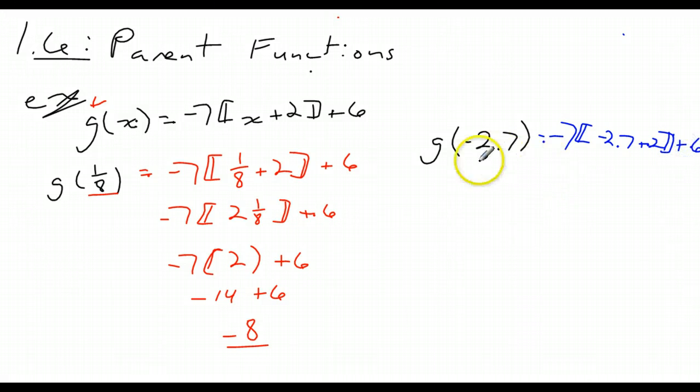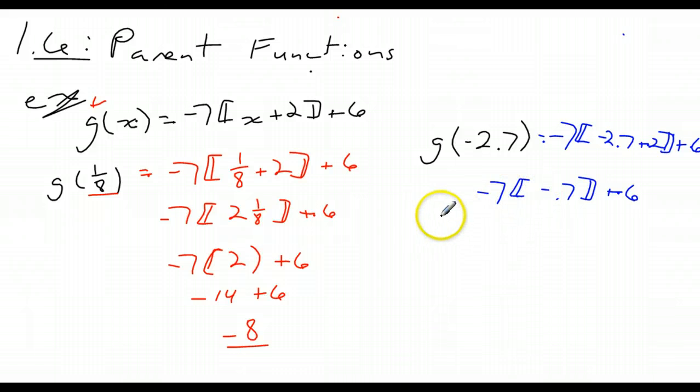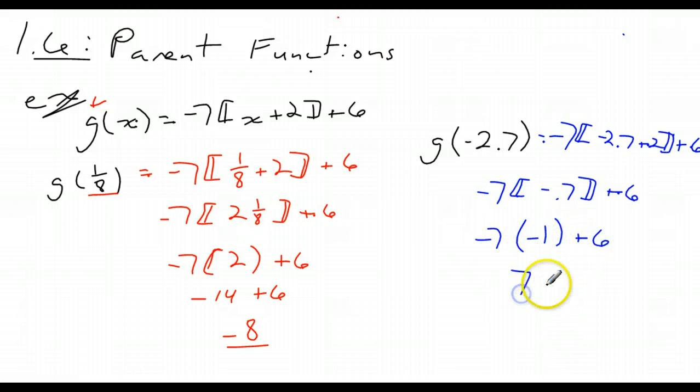Okay, so then, again, inside the parentheses, or my greatest integer, same thing. So negative 2.7 plus 2 is negative 0.7. Greatest integer plus 6. The greatest integer of negative 0.7, when I round that down, it's going to round down to negative 1. So I'm going to have negative 7 times negative 1 plus 6. Well, negative 7 times negative 1 is 7, plus 6 is 13.